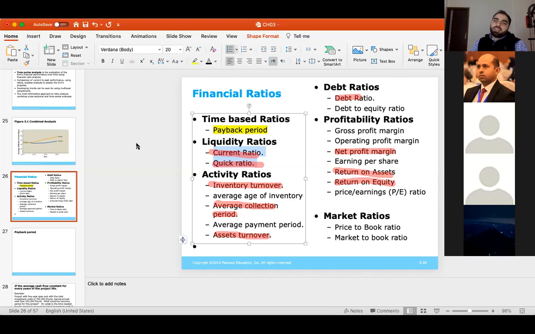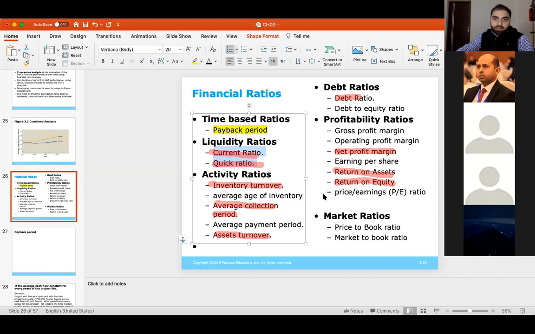For the feasibility study, I would recommend all of these ones. So guys, we can do the payback period, current ratio, quick ratio, inventory turnover, average collection period, assets turnover, debt ratio, net profit margin, return on assets and return on equity.